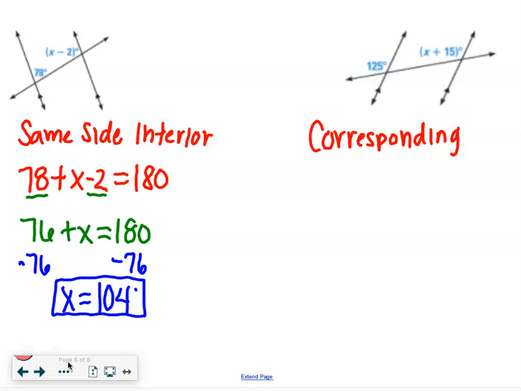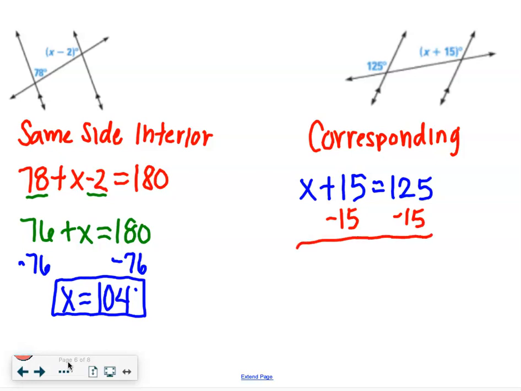So I'm going to set them equal to each other. Now we're going to solve for x. Did you guys get 110?